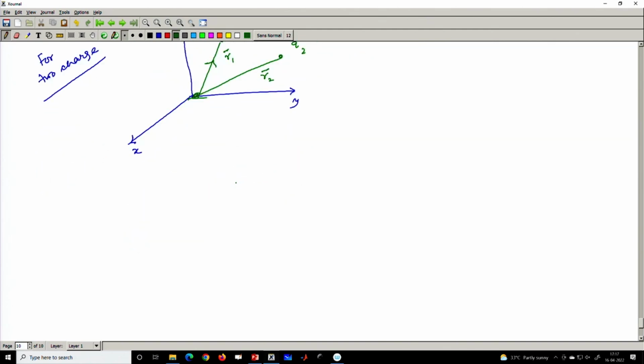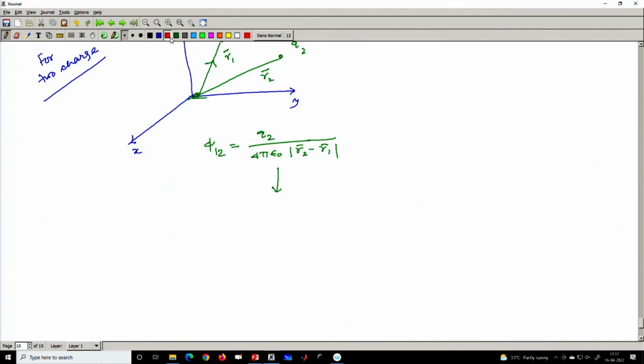So, phi 12 is simply q2 divided by 4 pi epsilon 0 mod of r2 minus r1. What is the meaning of that?